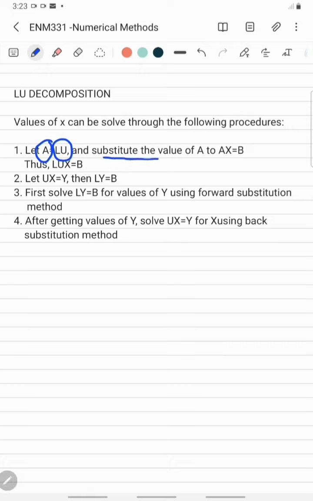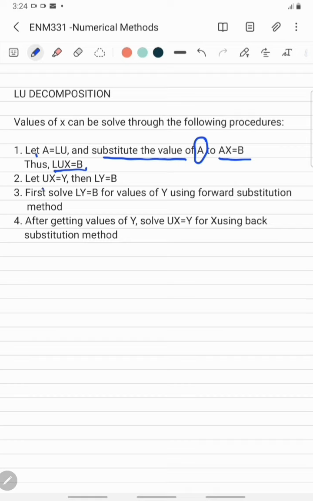We will substitute the value of A into the equation AX equals B. Thus, our equation now is LUX equals B.